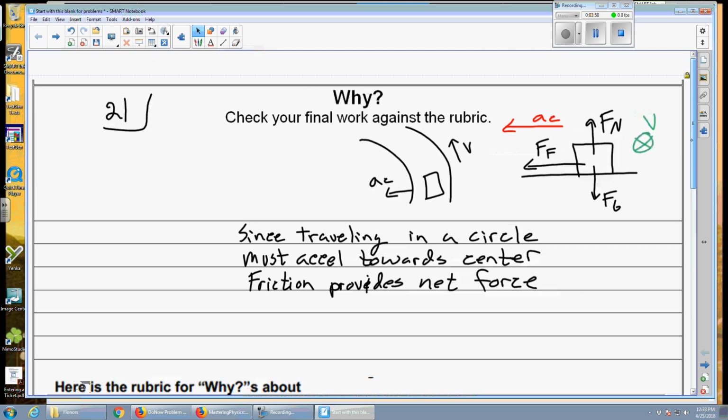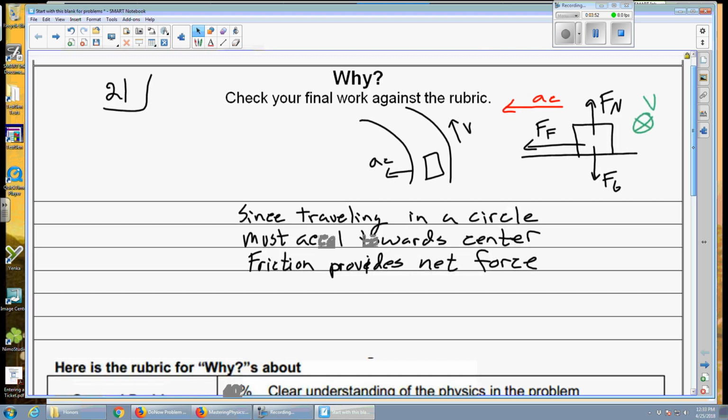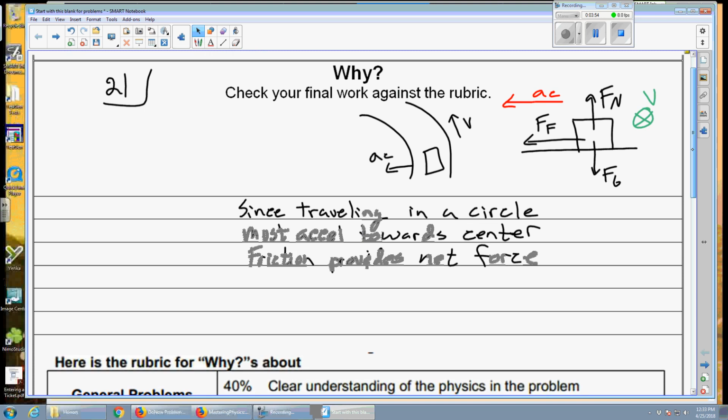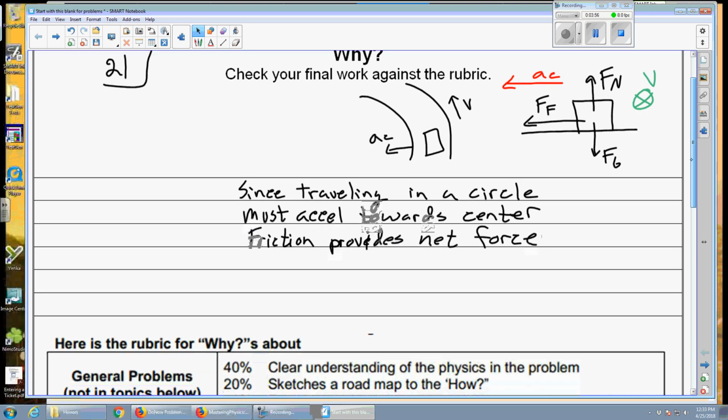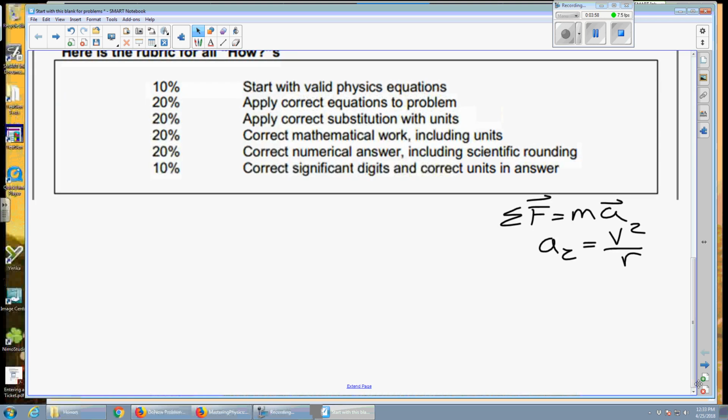So I'm going to start off by looking in the x direction, because that's where my frictional force is and my acceleration and everything like that.